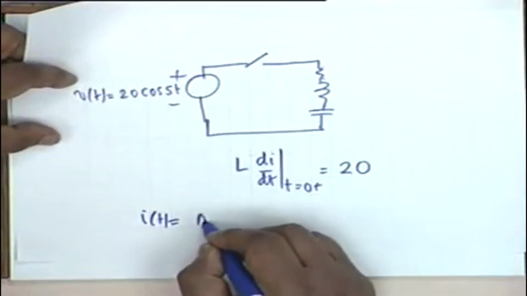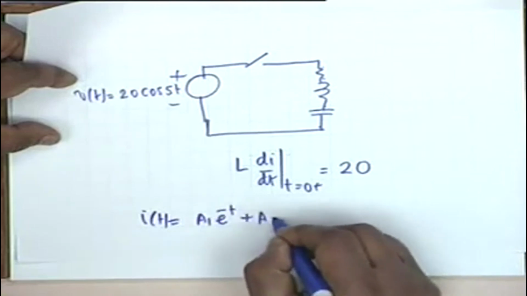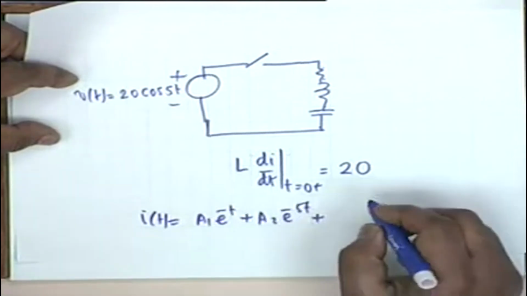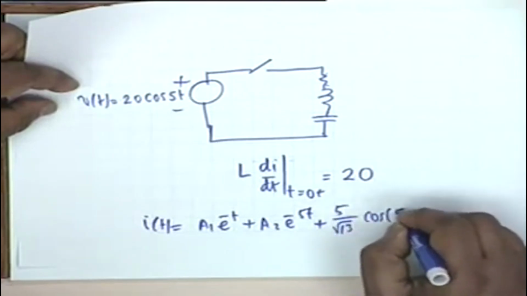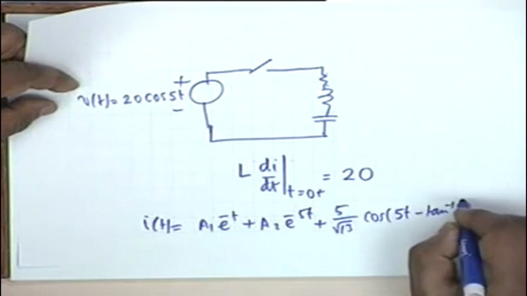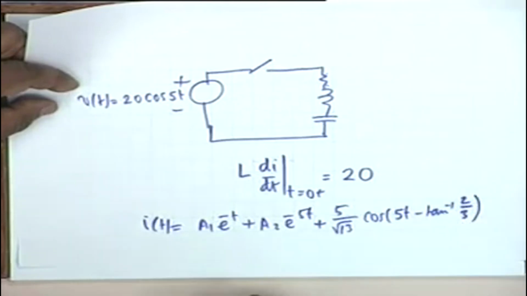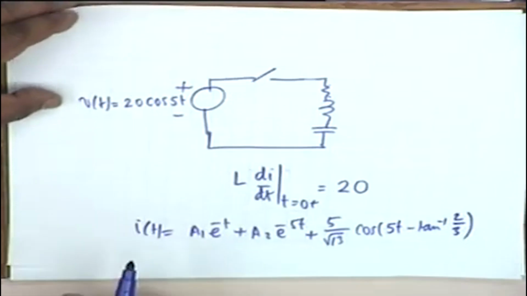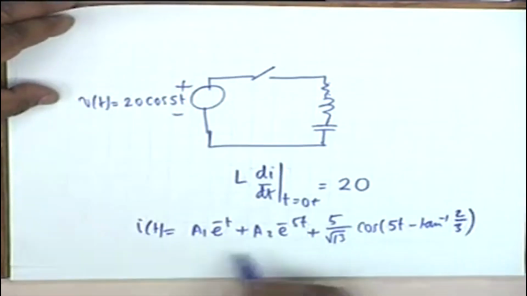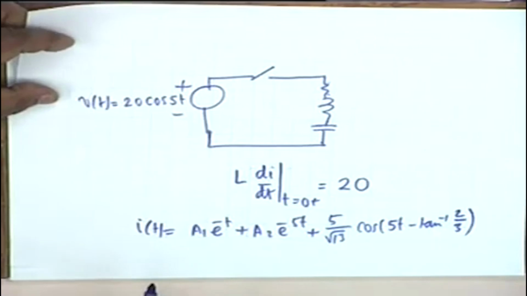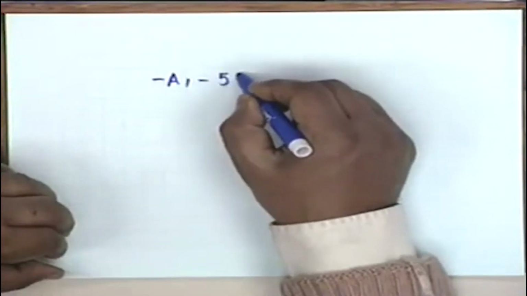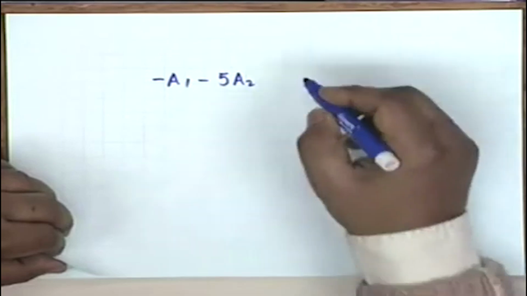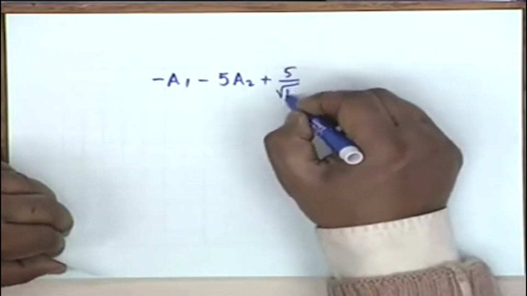Therefore my expression for i(t), which was A1 e to the minus t plus A2 e to the minus 5t plus 5 by root 13 cosine of (5t minus tan inverse 2 by 3). If I differentiate this and put t equal to 0, the second condition becomes minus A1 minus 5A2 plus 5 by square root 13.